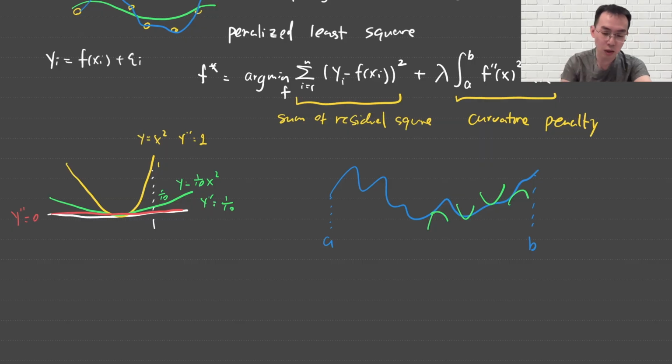In contrast, a straight line has no curvature. So that's really the intuition about the smoothing spline.